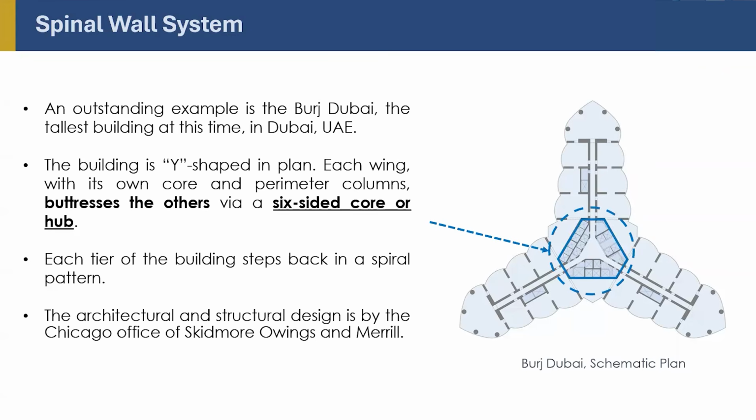Just an interesting thing: when they designed this building, everything was completely designed and they almost started the construction. Then they did the wind tunnel analysis, and they found that if they just rotate the building by 15 degrees, they can reduce the wind load a lot, because the wind has a certain direction in Dubai.